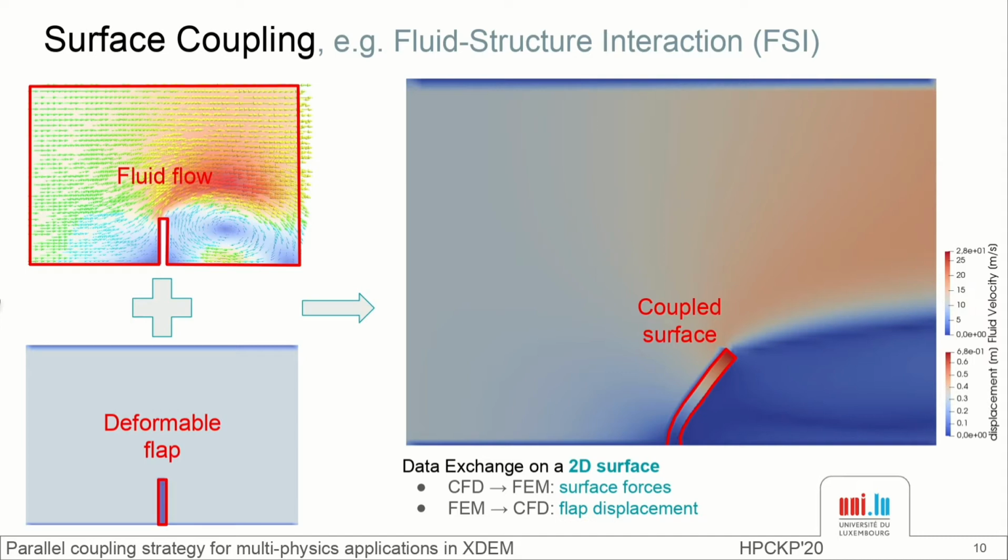So the data that you need to exchange between the fluid flow and the deformable flap corresponds to the surface of this flap, which is why we have a surface coupling. This is a typical case of fluid structure interaction, or FSI.